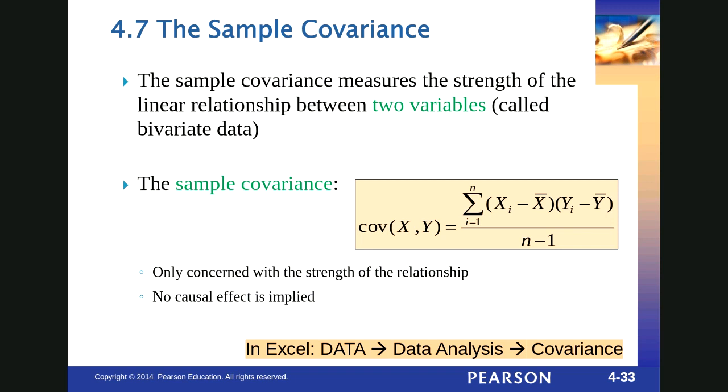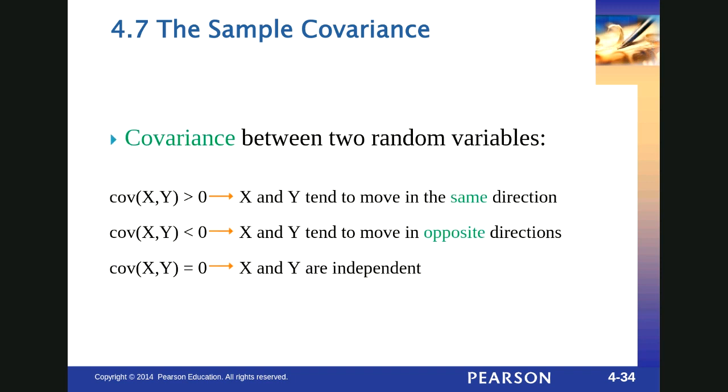So again, no point spending time on the equation. You're going to be using Excel, same thing, data analysis, covariance, and you've got your answer. But for the value of covariance, if it's greater than 0, then that means as X increases, Y increases.